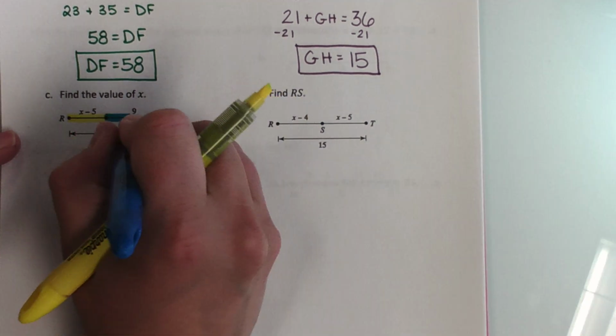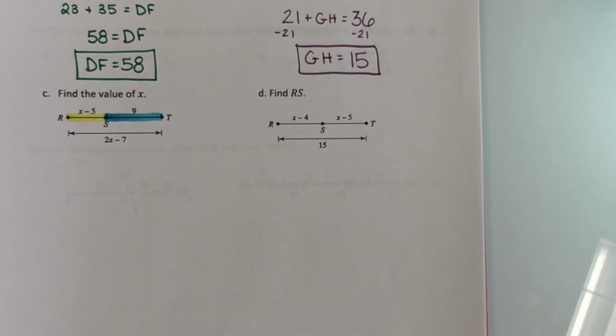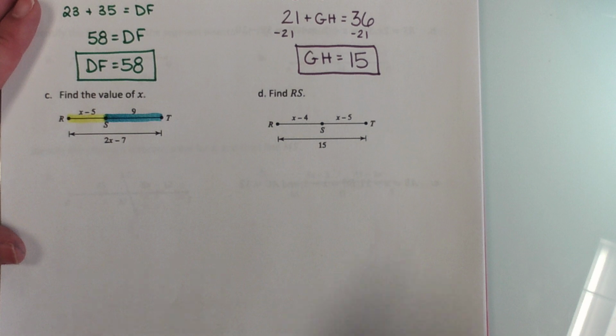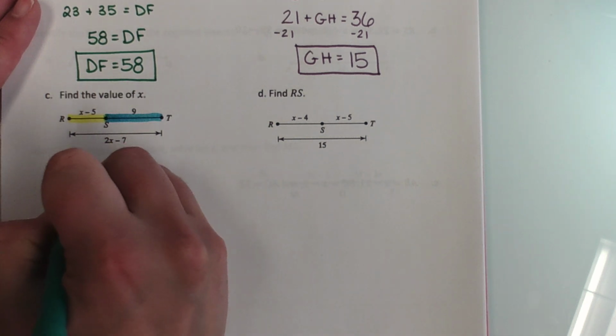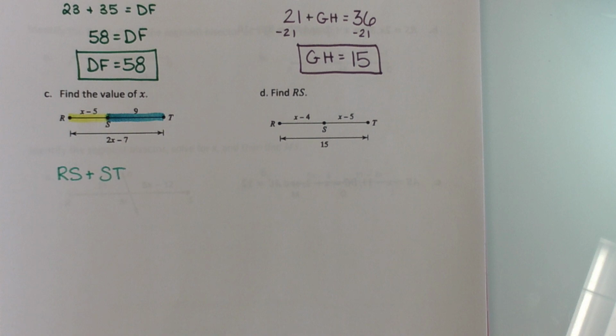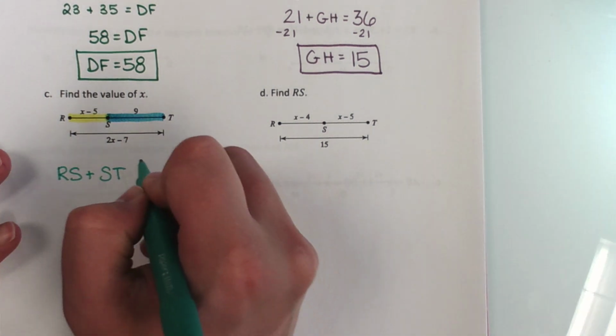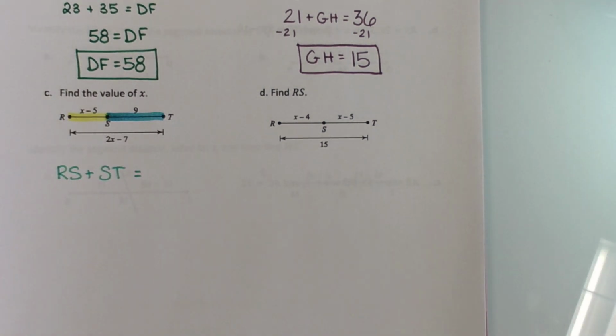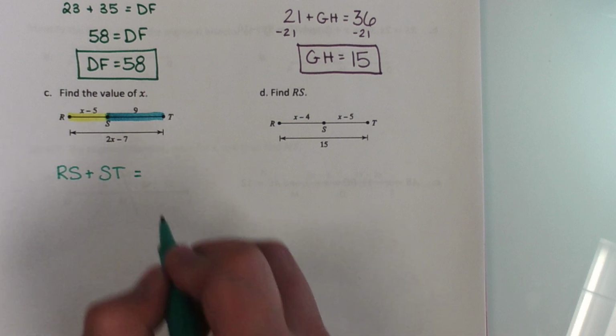I got a part here. So my segment addition postulate, the actual formula says the part and the part together. My first part was RS, the second part was ST. Add those two together and I get the big one. What's the big one's name? RT.